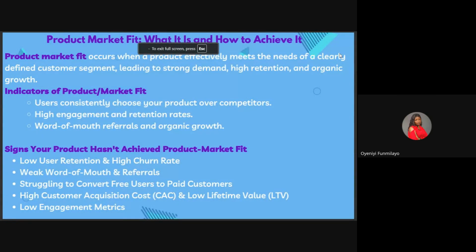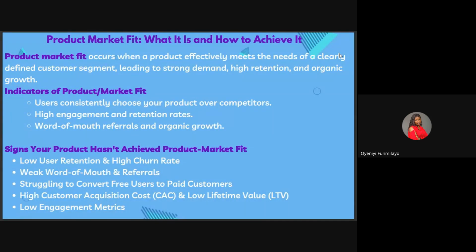Okay. So for every product you build, there will be a time where you would have to make sure that you achieve market fit. Maybe when you are building the product, you set a timeline for yourself that if we are able to get, let's say 2,000, 3,000 users that are consistently using the product, then you can say, okay, our product has actually achieved market fit.